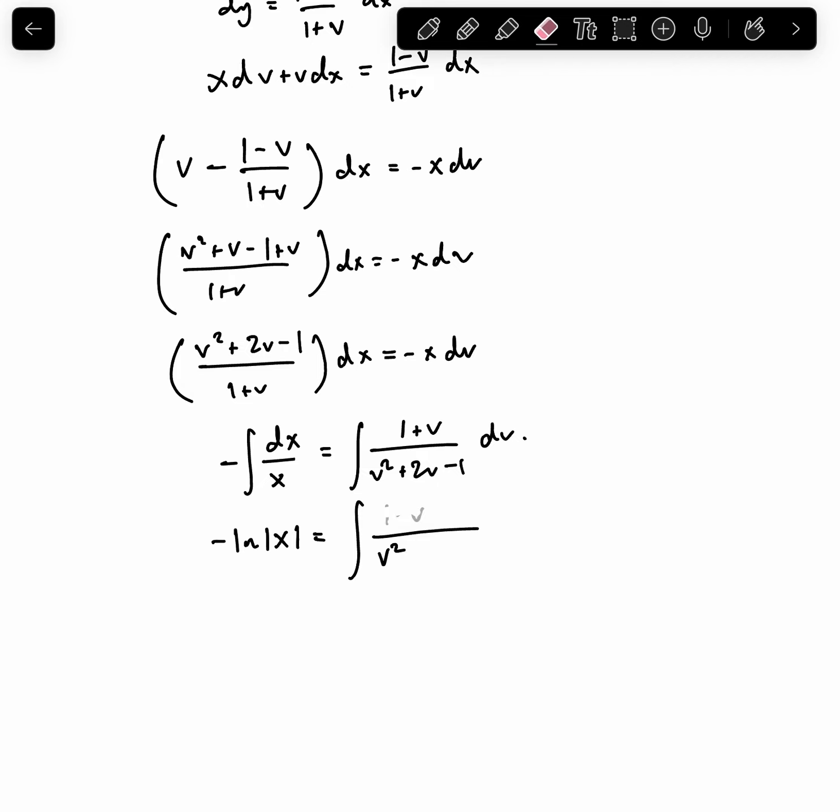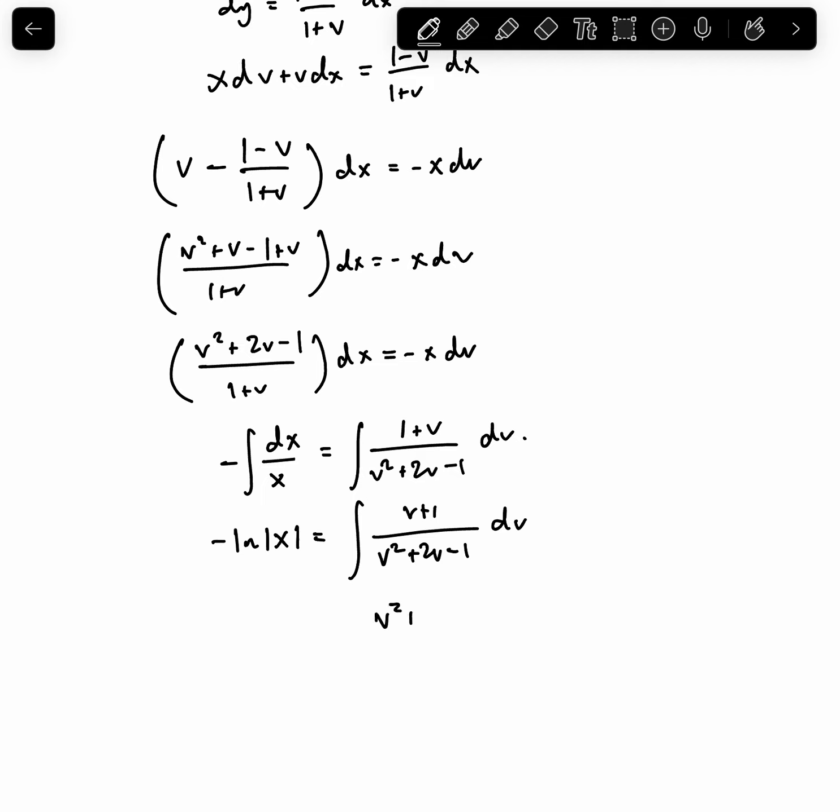And the question is, how do we integrate this? Well, take a look at this denominator right here. We have v squared plus 2v minus 1, and we have v plus 1 on the top. What's the derivative of the bottom function?